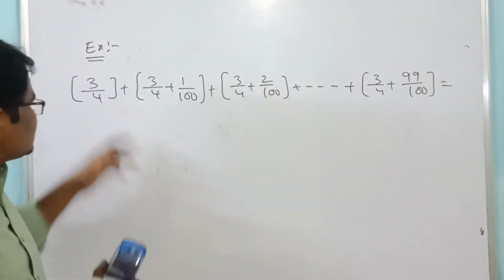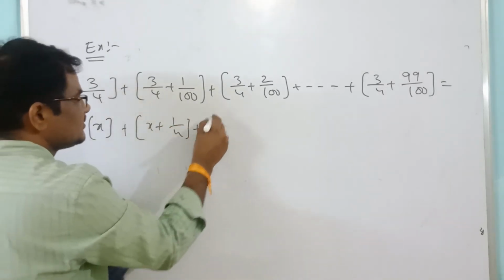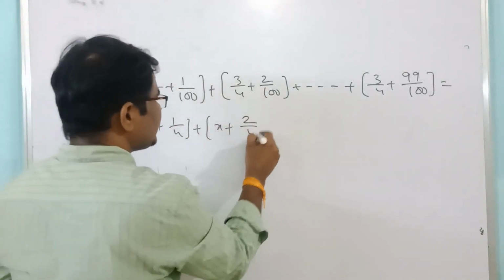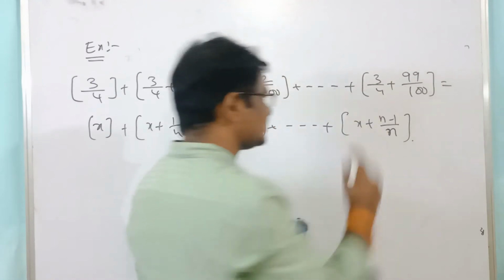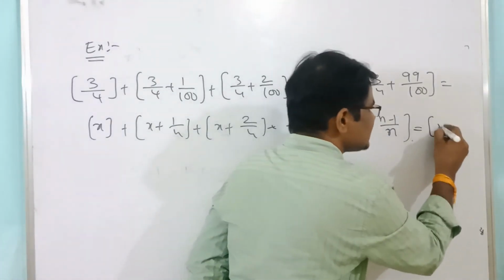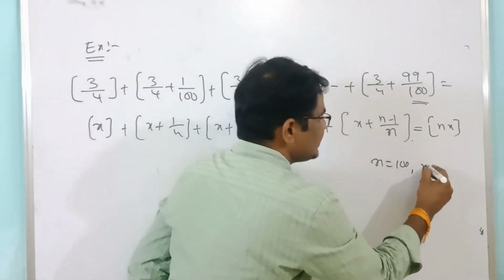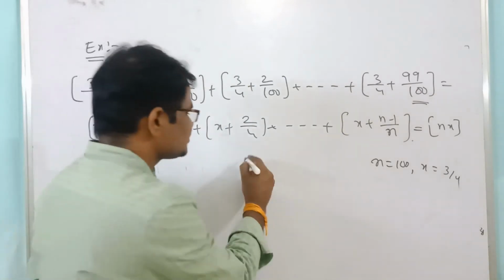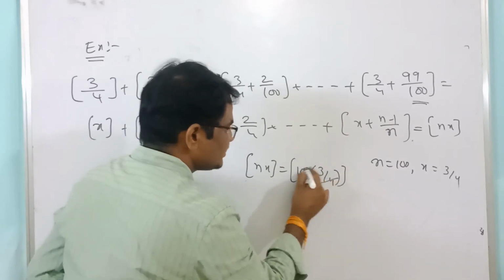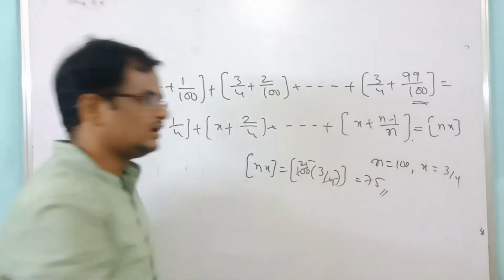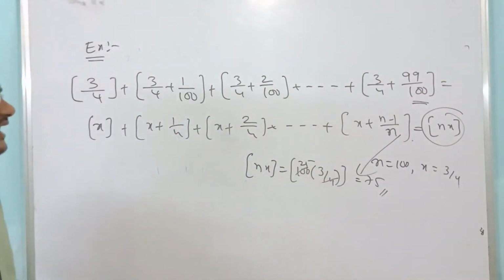Once you see, is it in the form of floor x plus floor of x plus 1 by n, x plus 2 by n, etc., plus x plus n minus 1 by n? Satisfied or not that condition? So actually from this one, what is the answer? Floor of n into x. Here n is 100 and x equal to 3 by 4. Now floor of n into x, that is equal to 100 into 3 by 4, so that is 25 times 3, which equals 75. So by this condition, directly you can take the answer 75.